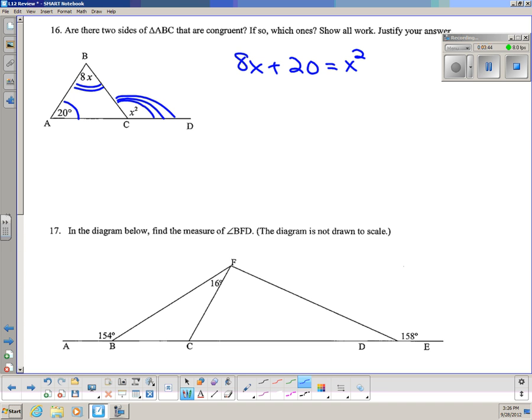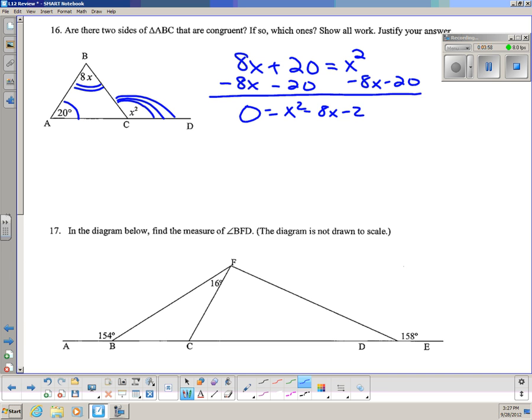Now I have a quadratic equation, so I will move all the terms to the quadratic side. So subtracting 8x and 20, we will get 0 equals x squared minus 8x minus 20. And now to solve this, we must factor.